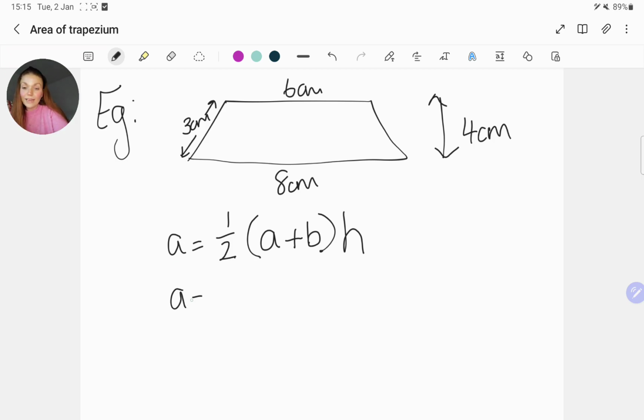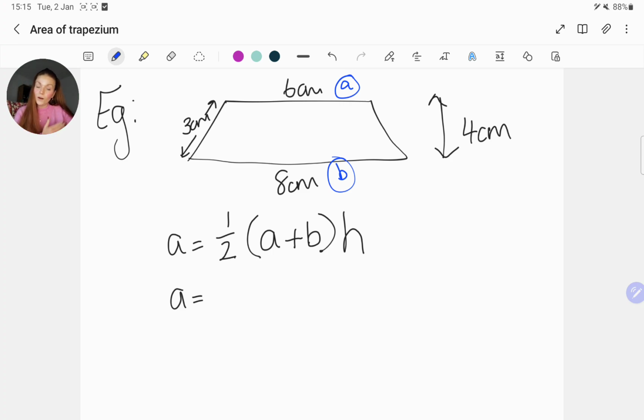So let's go and label these: A, B. Now which one's H? Is H the 3 or is H the 4? Well, we know from our formula that H is the perpendicular. Do the two lines meet at a right angle? No, so 3 centimeters is not the perpendicular height.